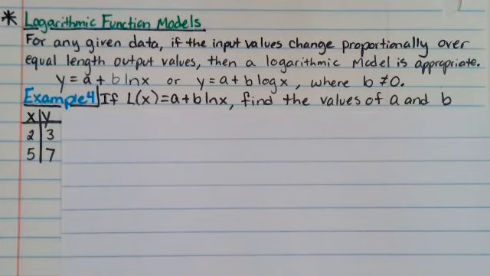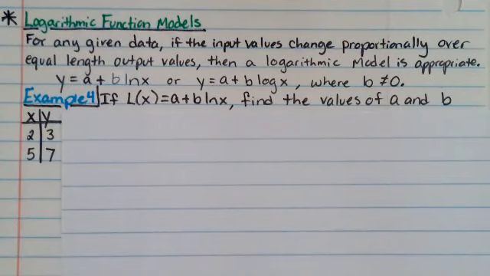All right, so first thing you're seeing on your screen there is a little property about logarithms. If you were to show logarithms with a modeling thing, maybe in a table, it says for any given data, if the input values change proportionally over equal length output values, then the logarithmic model is appropriate. It's kind of backwards from exponentials.